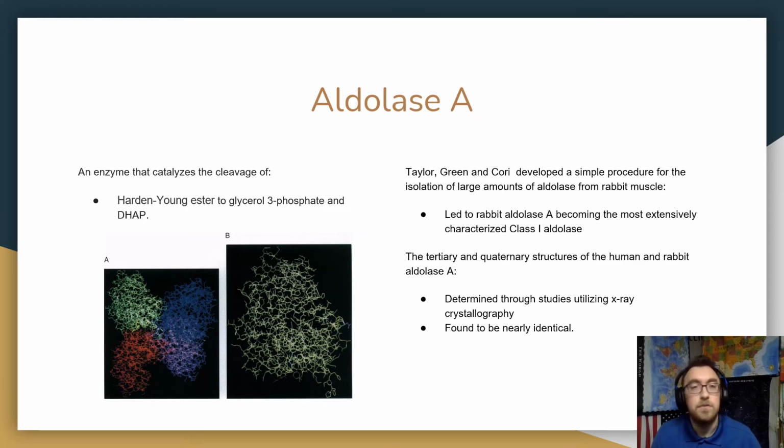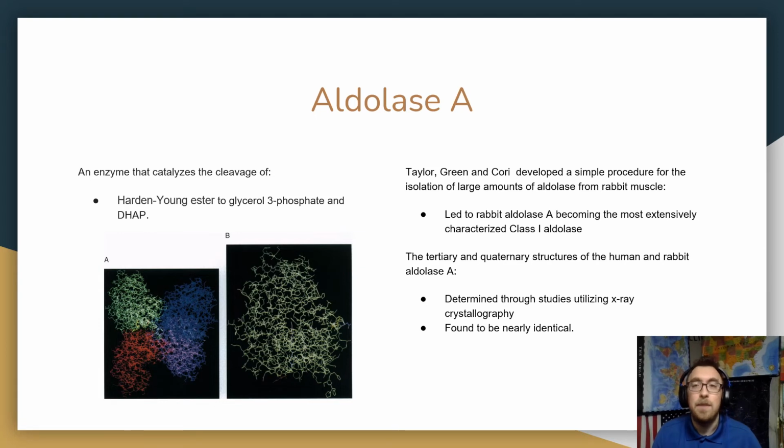Taylor and associates developed a simple procedure for the isolation of large amounts of aldolase from rabbit muscle that greatly aided in the further investigations of this enzyme, which ultimately led to rabbit aldolase A being the most extensively characterized class 1 aldolase.